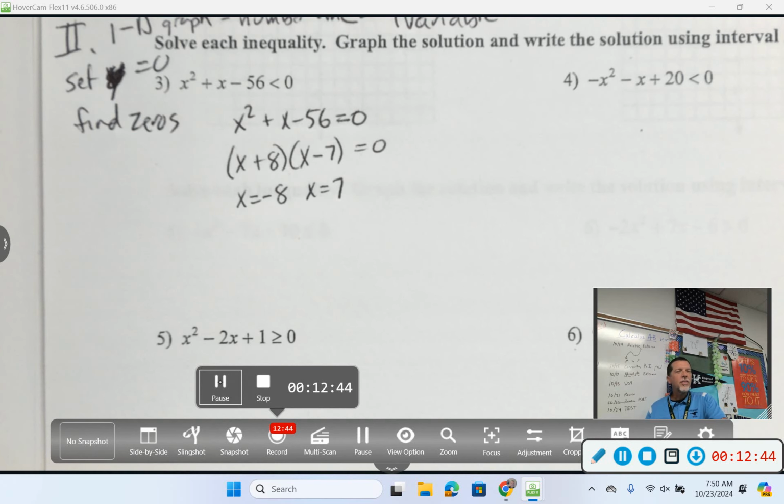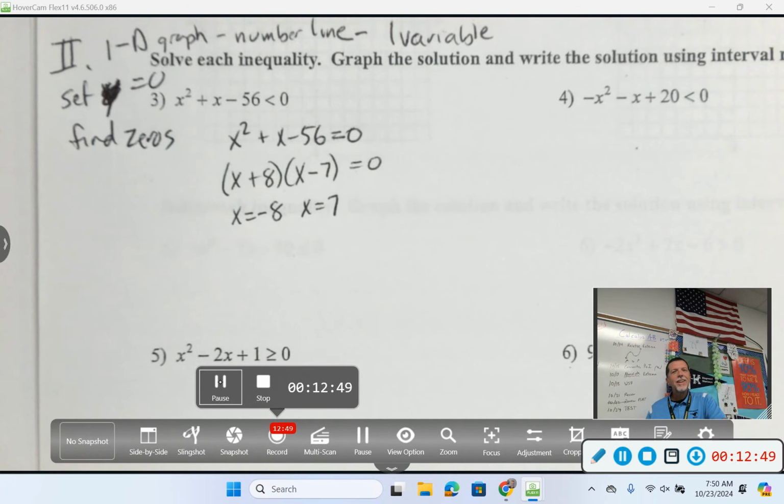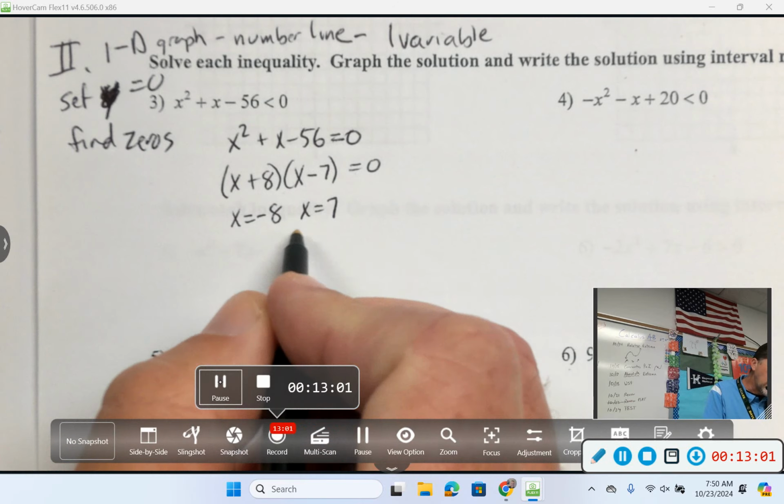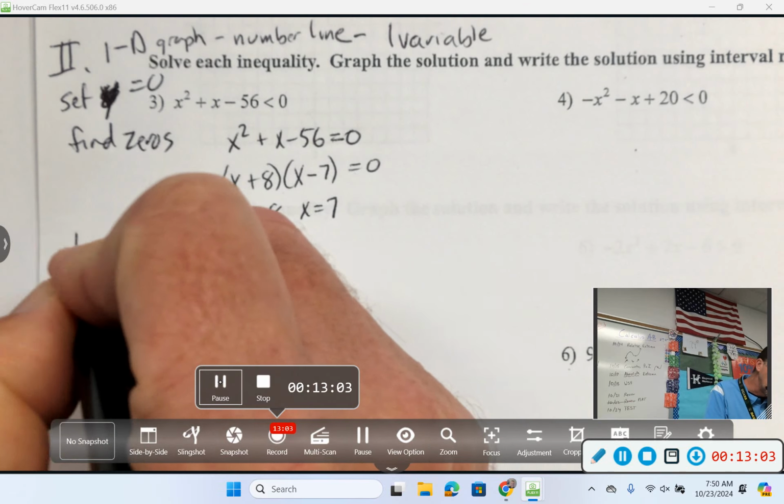All right. There's 2 different routes to go here, and we are going to end up with interval notation. I guess I'll show you both ways. The standard way is to take those zeros and put them on a number line.